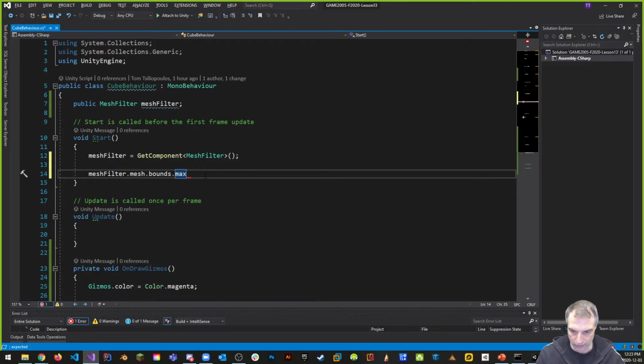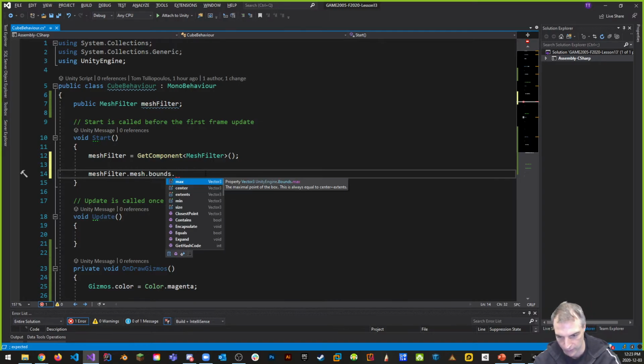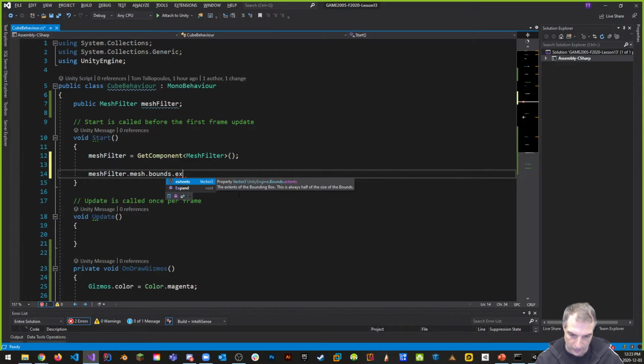I don't want to keep doing this every single time. This doesn't make any sense, right? X, y, and z. I don't want that. Instead, what I want, because Bounds gives me a bunch of stuff. Bounds is a class that gives me a bunch of different things. Notice I have not just bounds, but also something else called extents, which is also a Vector3, okay? And it says the extents of the bounding box. This is great.